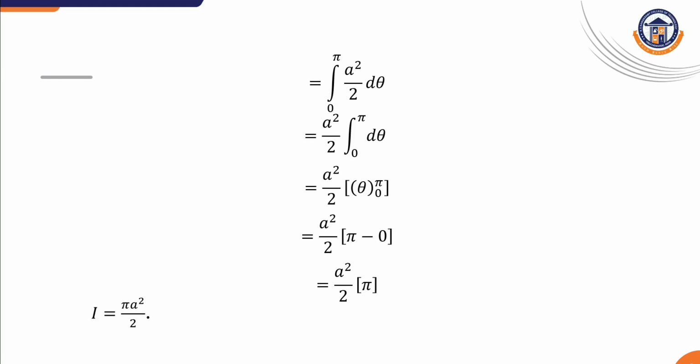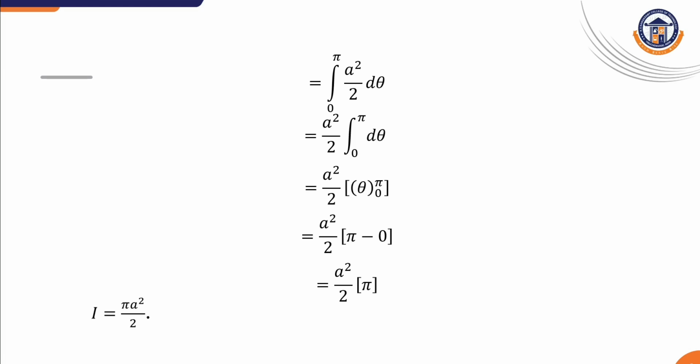Now we simplify: the integral 0 to pi of a²/2 dθ. Here a²/2 is a constant, so we take it outside, and the remaining integral is 0 to pi of dθ. Integrating dθ gives a²/2 into θ, limit 0 to pi.